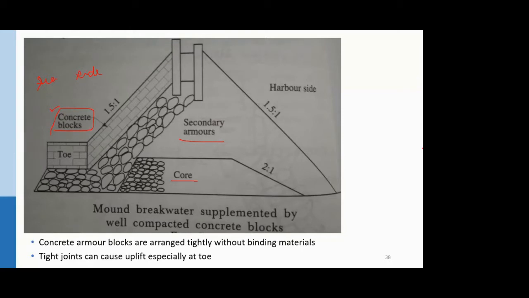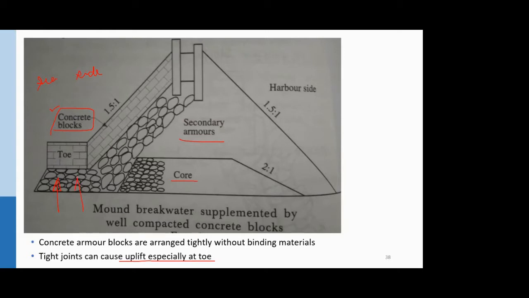Also the pressure from the bottom is relieved due to this gap. So in the case of rubble mound supplemented with concrete blocks, you are arranging your concrete blocks in a proper way, so there are chances that uplift pressure can come into the picture and cause a failure.